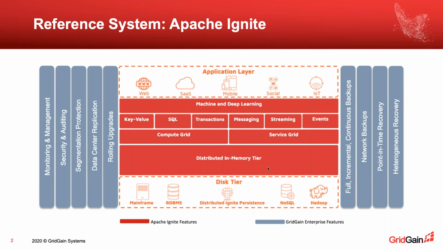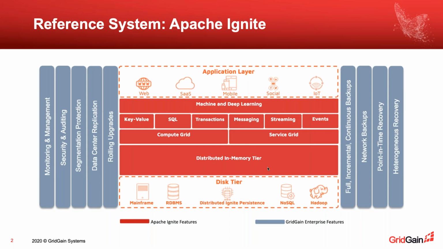And as all of you probably know already, Apache Ignite is an in-memory computing platform and in-memory database, which has all of these different APIs, which are presented on this slide.